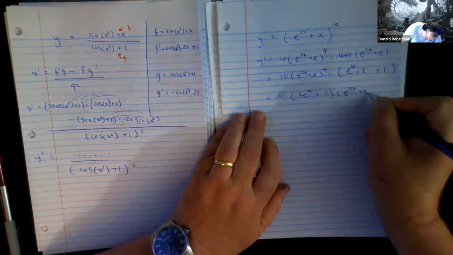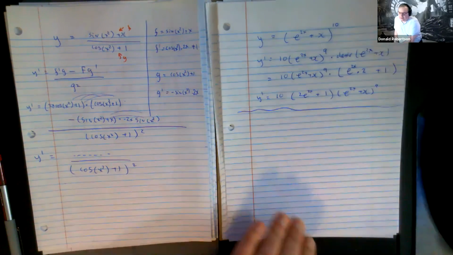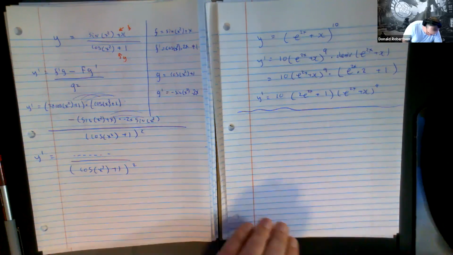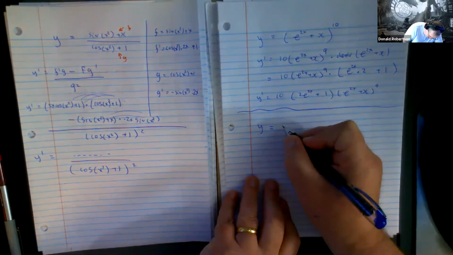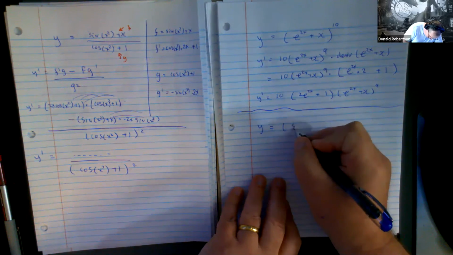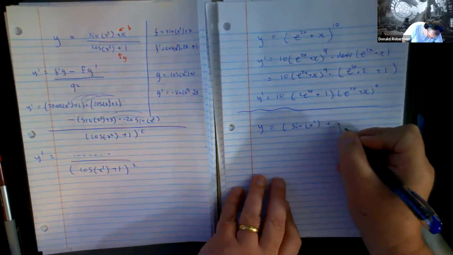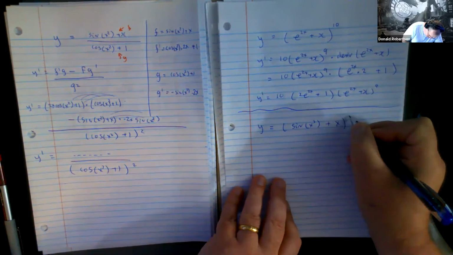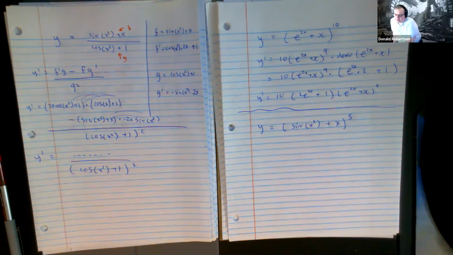Now that was a very short version of a chain rule with a chain rule. Try another one. Sine of x cubed plus x, all raised to the power of 5. That is also a chain rule inside the chain rule.